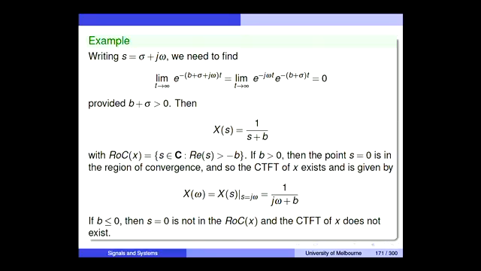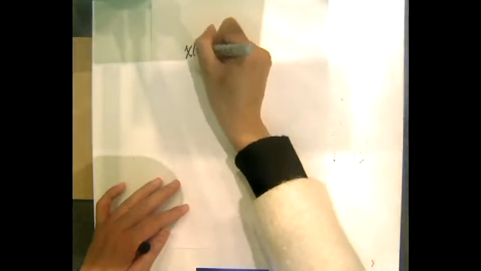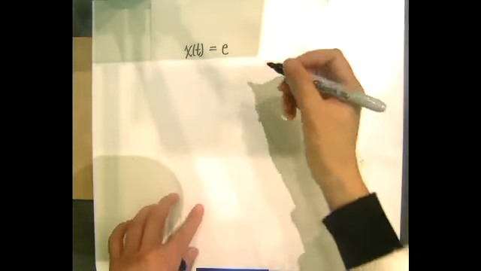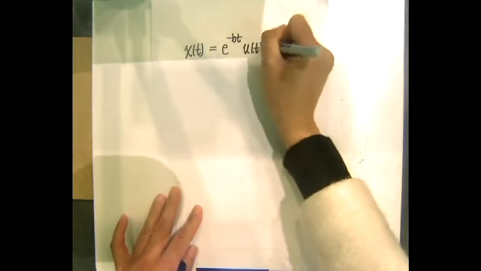Let's look at one example here. I will have my x(t) is e to the minus beta t u(t), where beta belongs to R. First question is for this signal, whether my Fourier transform exists.